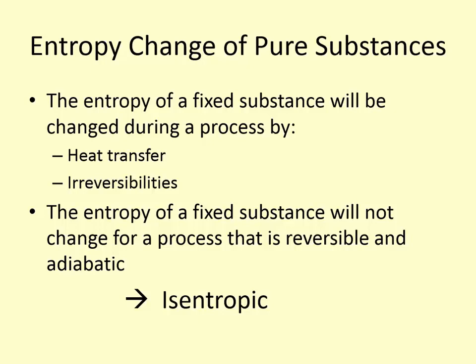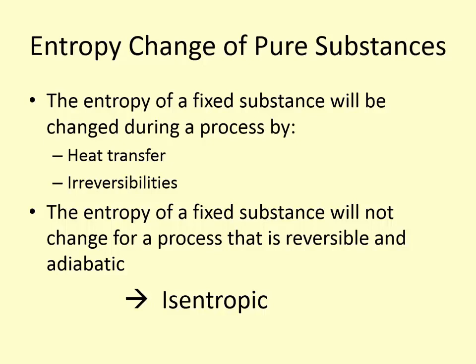This is another key word that you should memorize and look for in problem statements. The problem might explicitly say, during an isentropic process, which means you know that the entropy doesn't change, or they may say during a reversible adiabatic process, or a well-insulated reversible process, or some other words that would indicate there's no heat transfer involved, then you know the entropy doesn't change in that process.